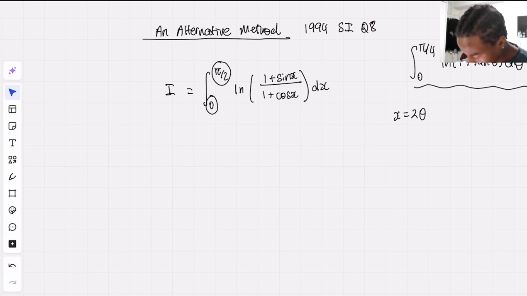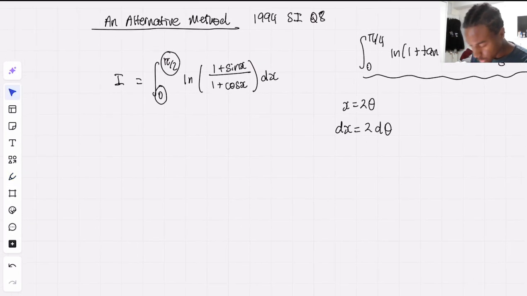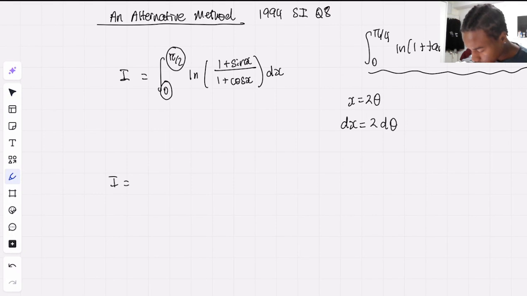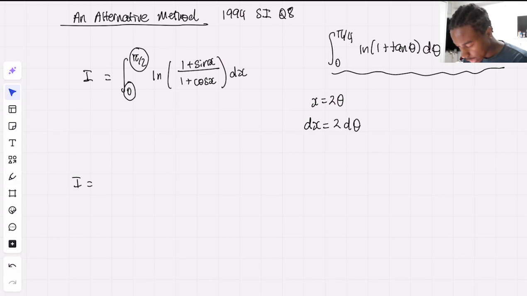So our integral, if we let x equal 2 theta, that means that dx is equal to 2 d theta. Now if x equals 2 theta, when x is 0, our lower bound is still 0.